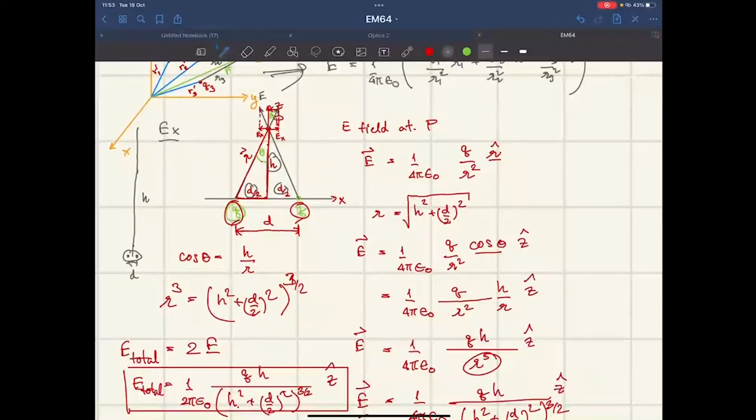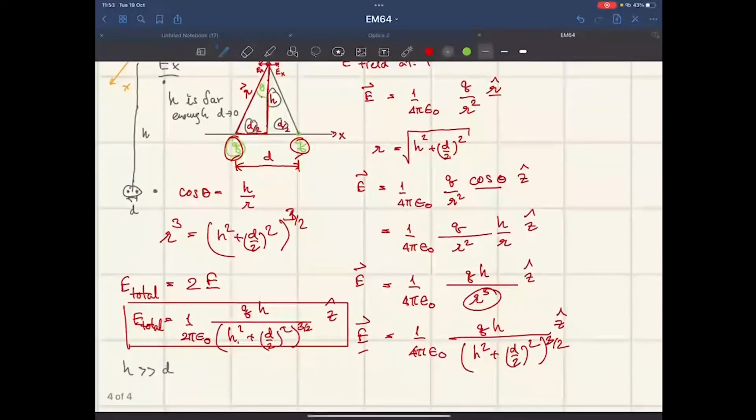It's like these two become the same charge. When H is far enough, D seems to go to 0, so the two charges become one charge. That means the whole thing becomes a single charge, and your Q becomes 2Q here.